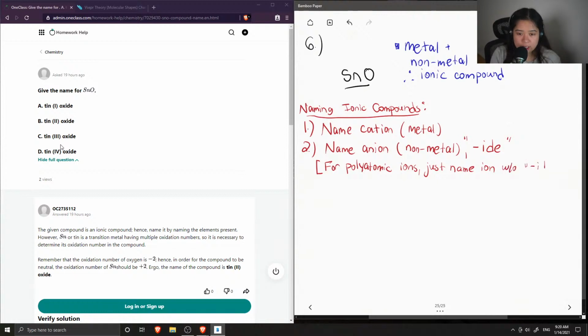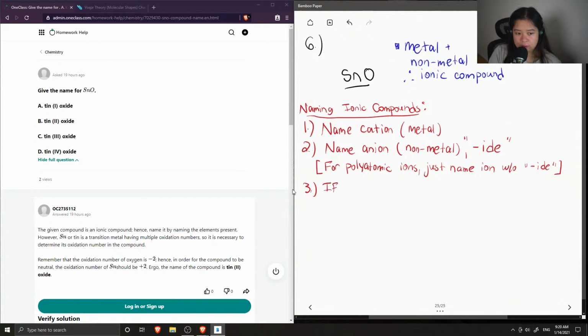So you don't need to add the "ide" at the end. And then for step 3, depending on the type of metal you have, it can have different oxidation states.